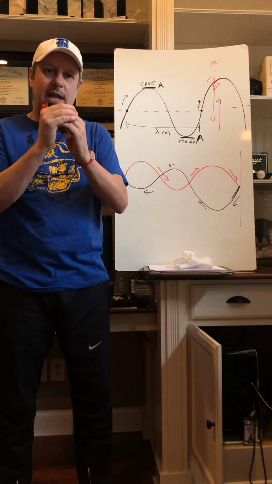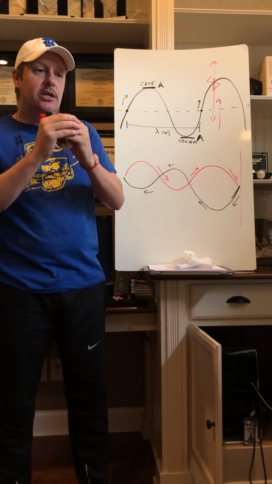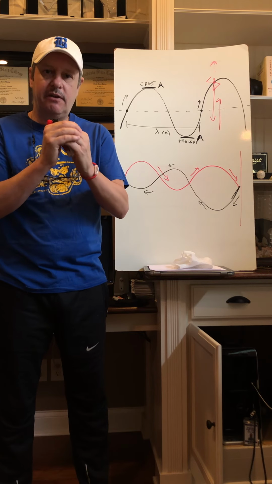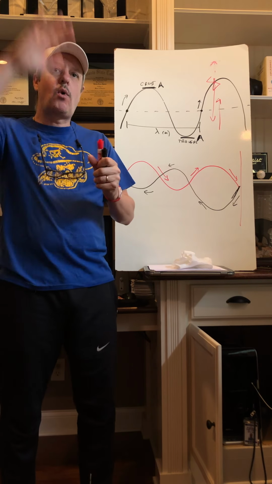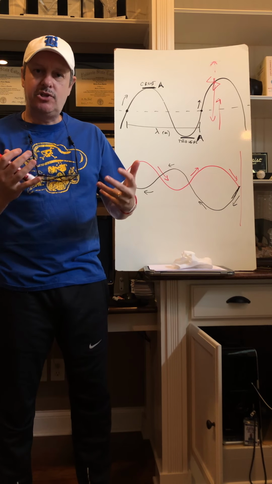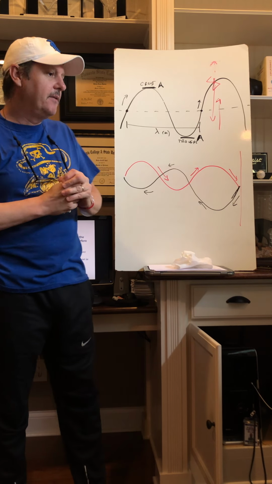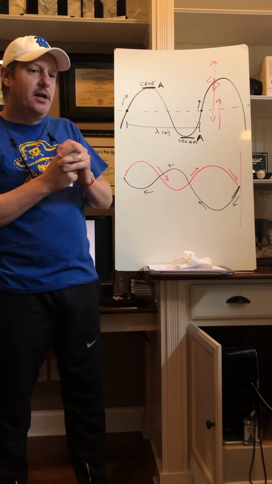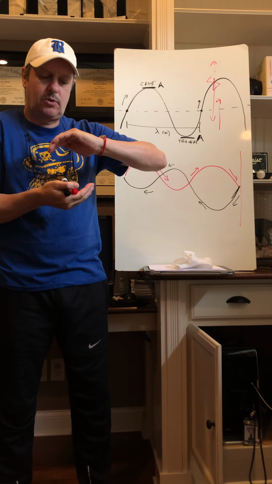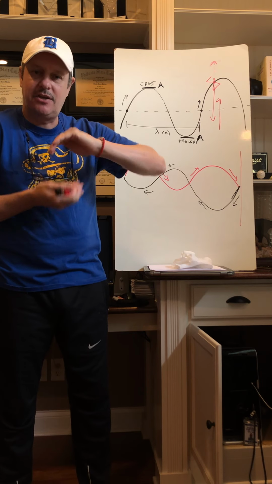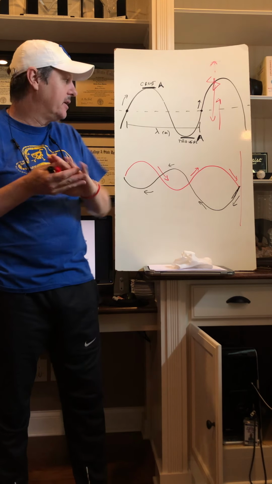When the two crests align or the two troughs align, you have what's called constructive interference. You get a total that's greater than any of the two single amplitudes. If they were to line up one crest here and one trough here, they could cancel each other out, and that's called destructive interference.